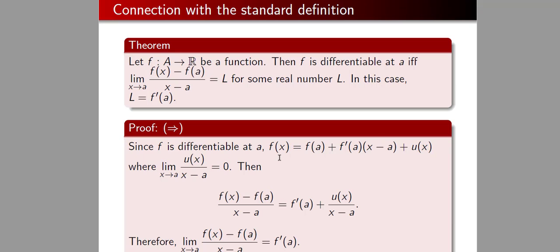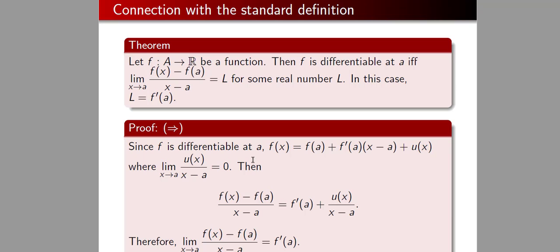Since f is differentiable at a, f of x is equal to f of a plus f prime of a times x minus a plus u of x, where the limit as x approaches a of u of x over x minus a is equal to 0.